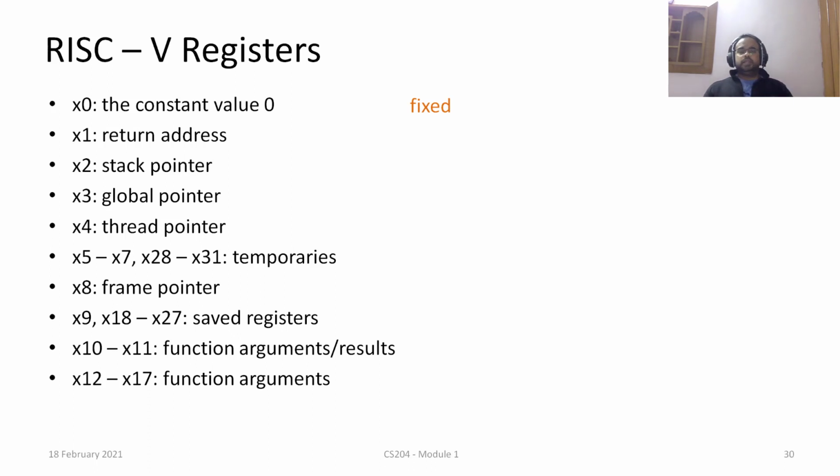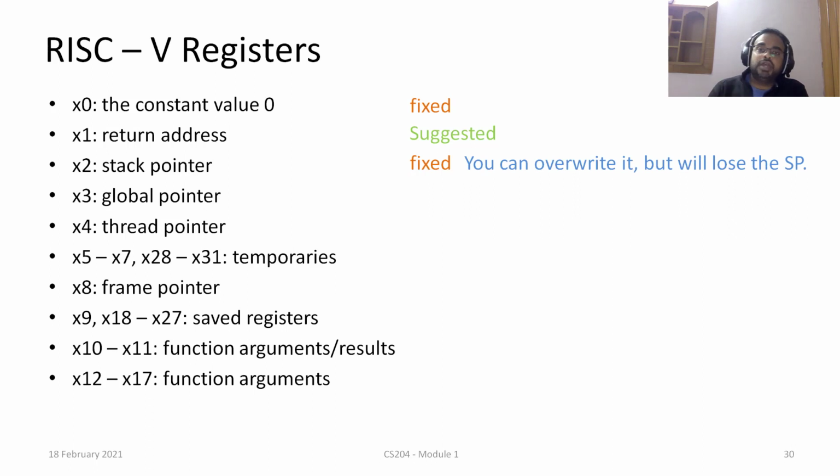So if we try to understand what each register can be used for, the value in x0 is always fixed with 0, right? And usage of x1 as a return address register is suggested by the RISC-V ISA, and usage of x2 as stack pointer is fixed. And of course, you can use x2 for some other operation also, but in the process, we will lose the stack pointer.